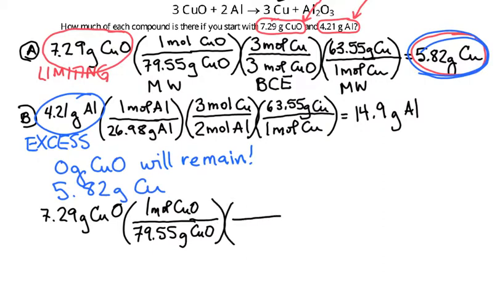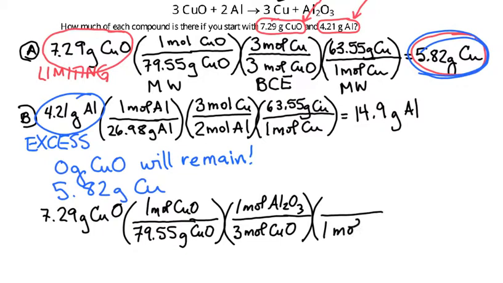Balanced chemical equation coefficients tell us that 3 moles of copper 2 oxide forms 1 mole of aluminum oxide. And the molecular weight tells us that 1 mole of aluminum oxide weighs 101.96 grams. So the amount of aluminum oxide that's formed is 3.11 grams.